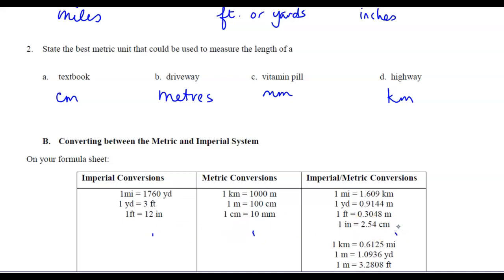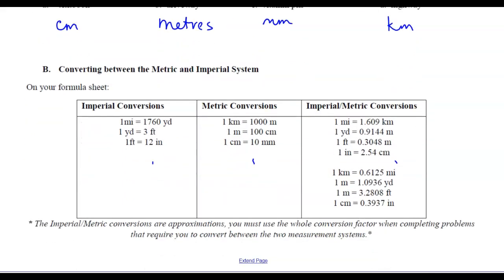So if you don't have your formula sheet, then you can still do these questions by referring to your notes. Okay. And don't abbreviate. So on a test, when we are asking you to do these, use the entire conversion, all 4 decimal places if they're given to you. Don't just round it to be shorter. It will be less accurate.